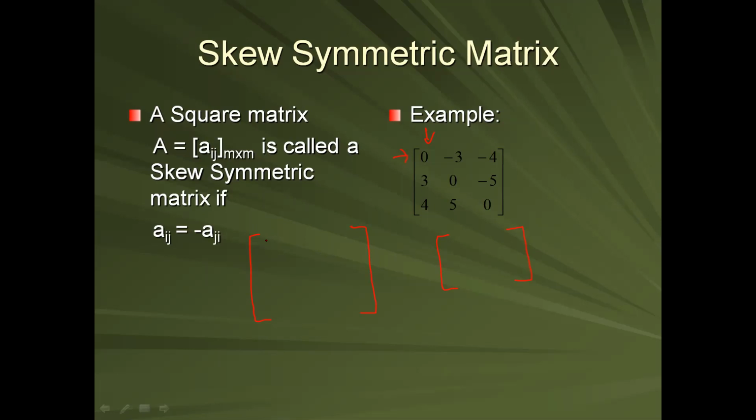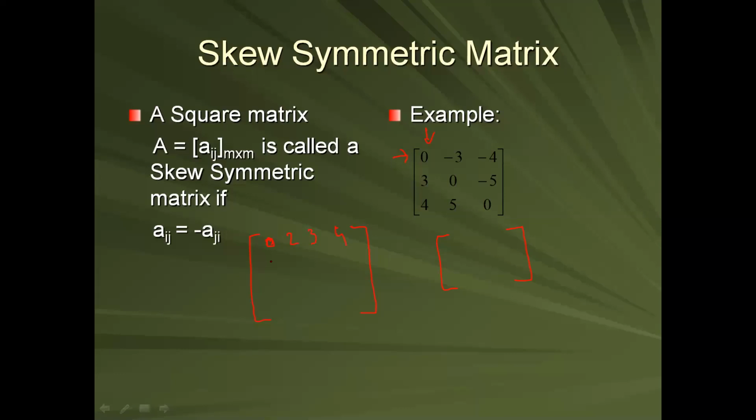Wait, ma'am. 3 cross 3 or 4 cross 4? 4 cross 4. 0, 2, 3, 4.